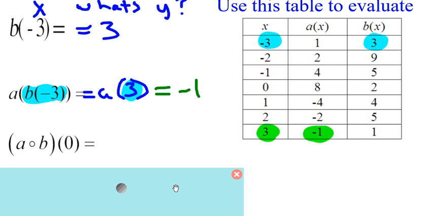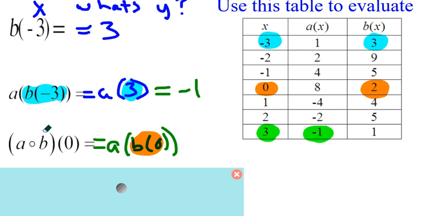All right, let's try another one. Now they've thrown a different notation at us, but if you don't like that notation, you can just go back. You have to recognize it's composition, but if it's easier for you to write it like this first, so you know what you need to do first, do that. I know I have to do this b of 0 first. So b of 0 is 2.